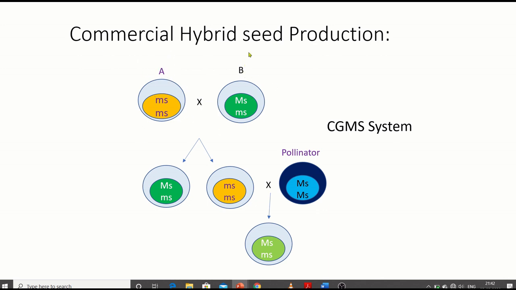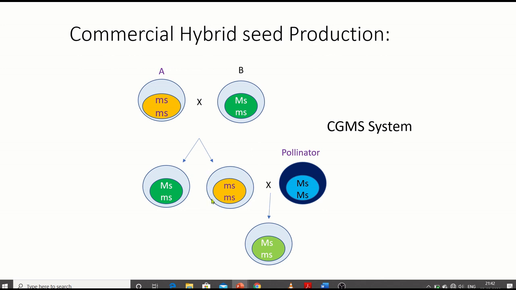It has to be crossed with a maintainer line called B. So you have seen the genetic constitution, recessive homozygous, when crossed with heterozygous, it will produce the same individuals in the same ratio. Okay, we are going to avoid this, and we are going to utilize this as a continuous supply of female parent, also called your male sterile line.